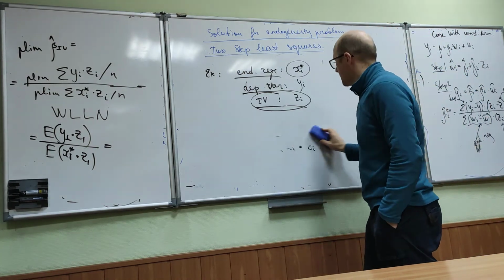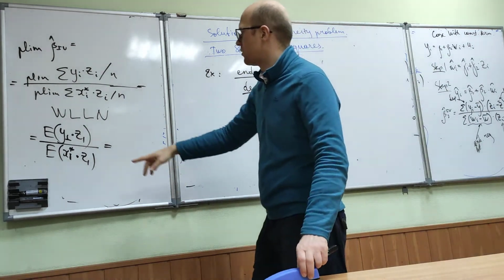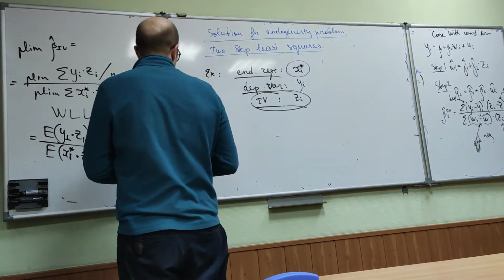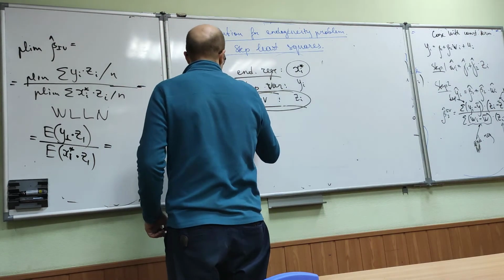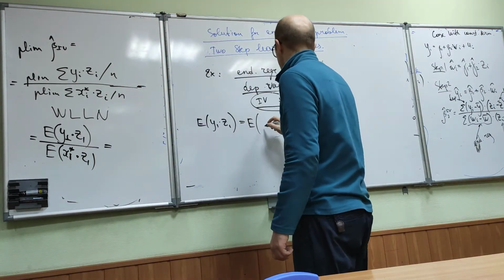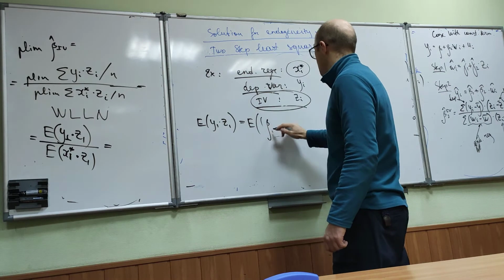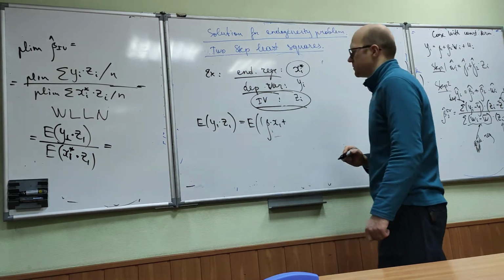Okay, let's check what the expected value of y times z is. Who remembers the formula for y1? It's beta times x1 plus what?